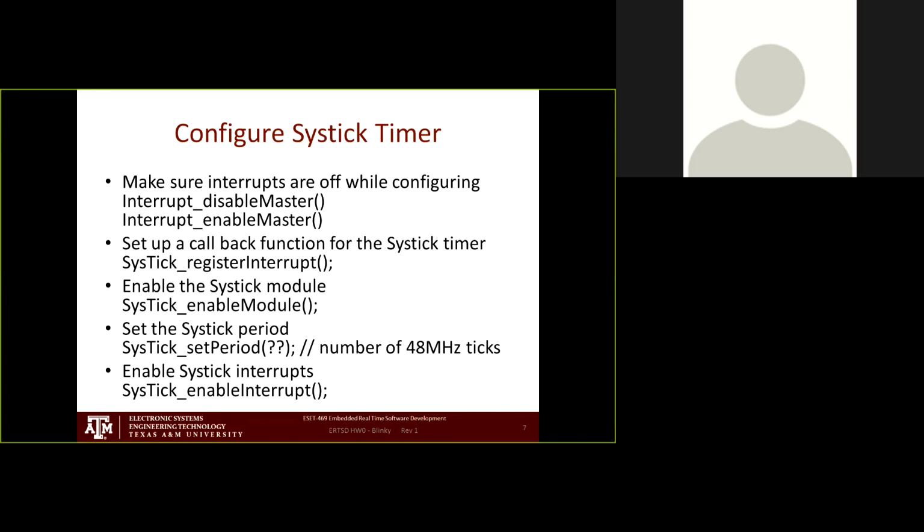It's not good for anything else, and it is part of the basic ARM architecture. So anytime you've got an ARM processor, there's going to be this concept of a SysTick. To set it up, you basically turn off the interrupts while you're configuring it, and then you're going to want to turn them back on.